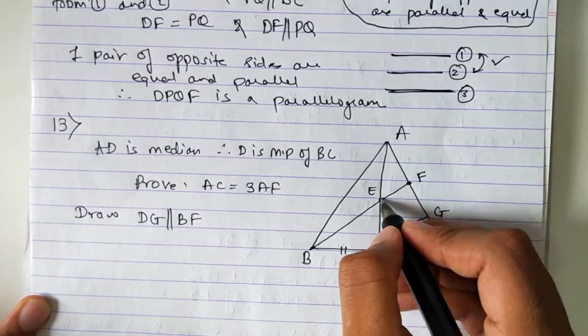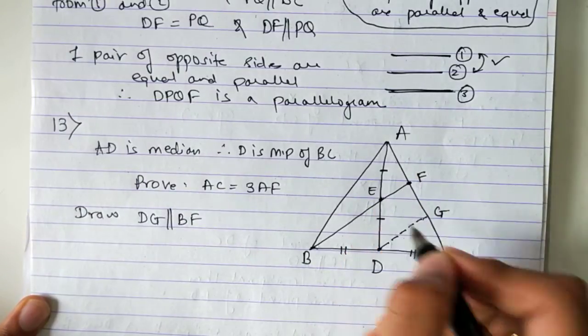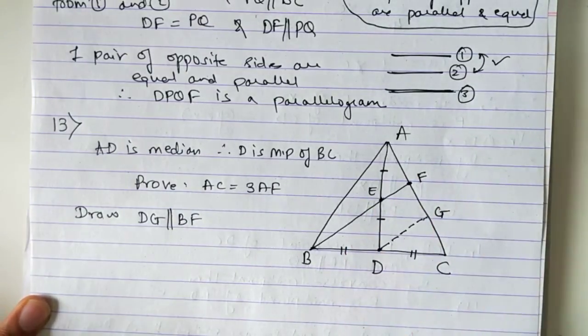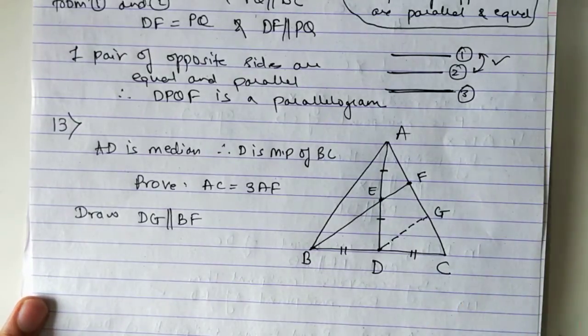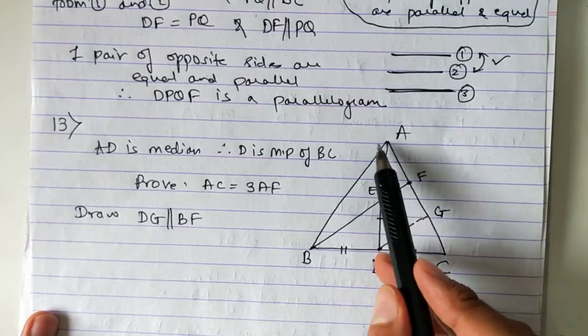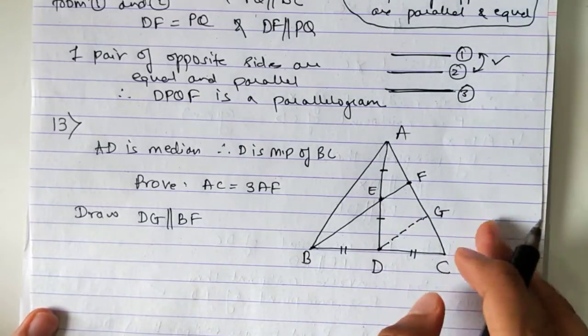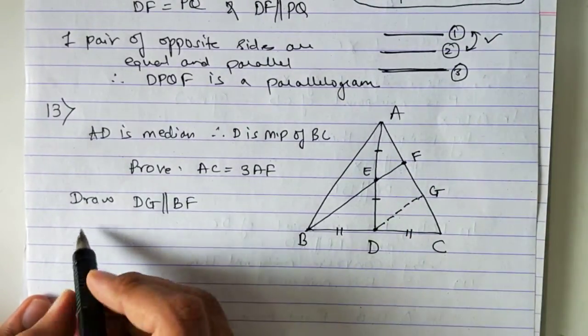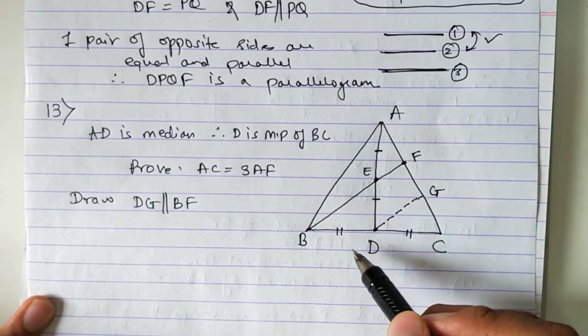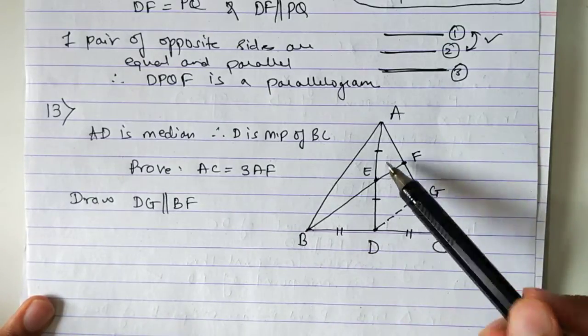Now, E was the midpoint, so I'll mark here also midpoint. Now the sum will become easy. Only you have to identify the triangles, and we have to prove that AC is thrice AF. Okay, so let's see. First, look at this triangle.